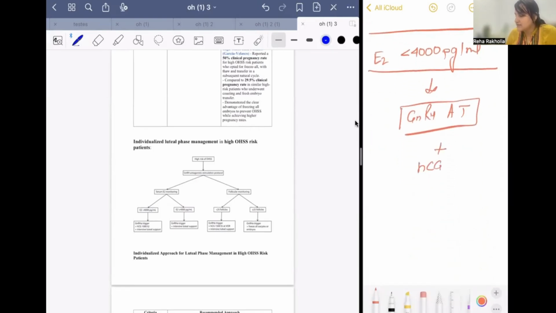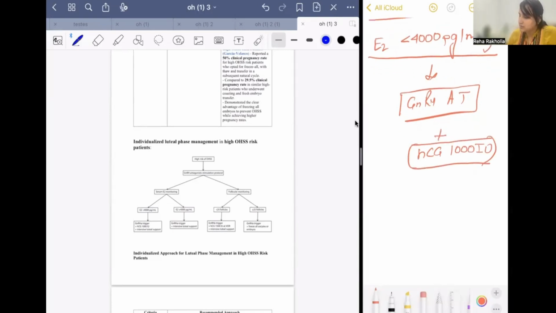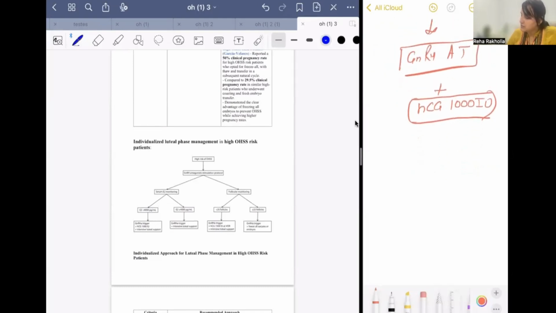As we have already discussed in dual trigger, when there is less than 4,000 picogram estradiol, we can use dual trigger. So HCG plus GnRH agonist trigger we are using for additional support. The combination of these is called dual trigger.